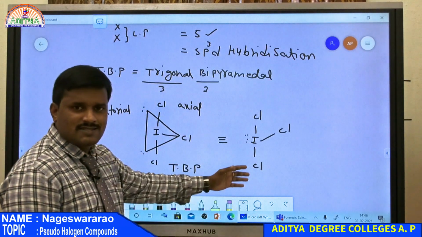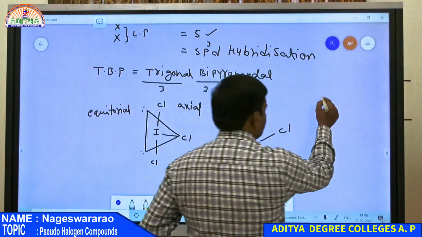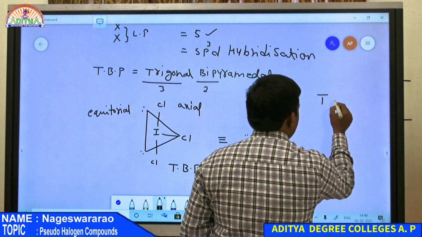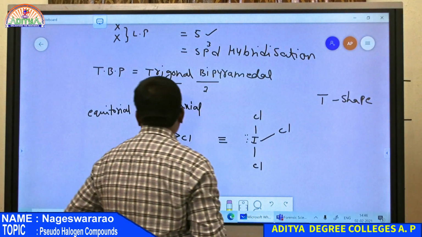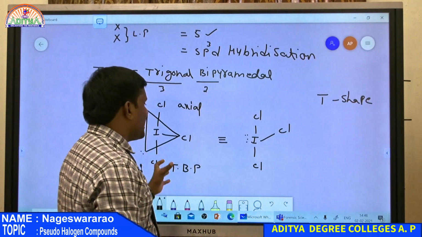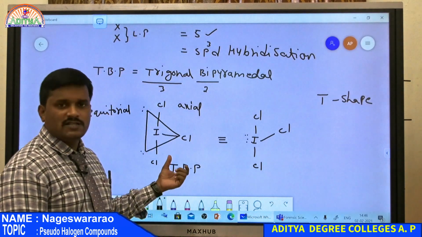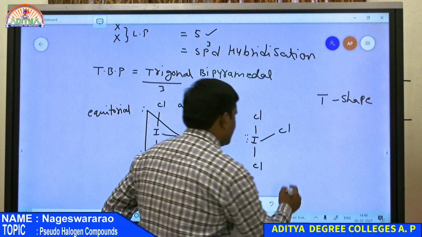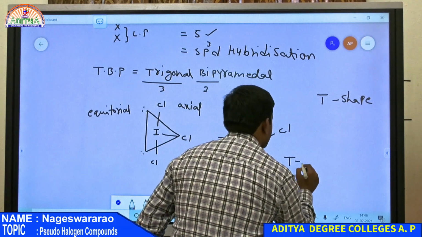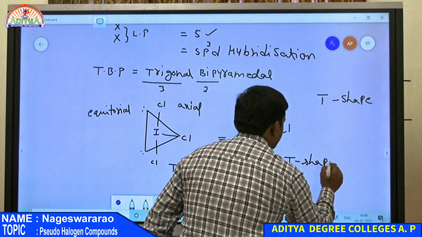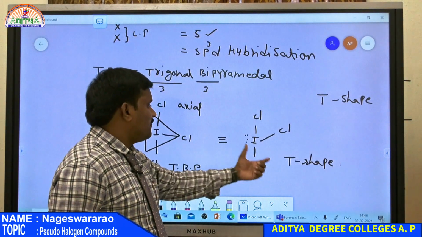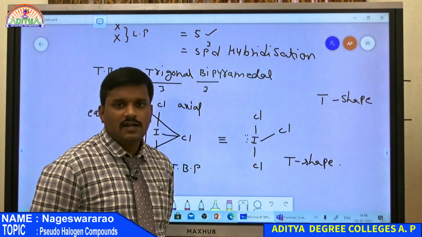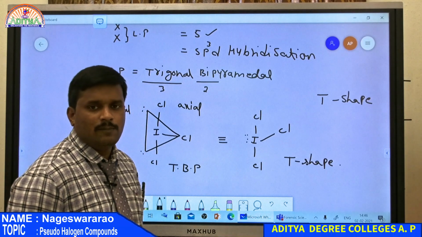So this structure is similar to a T shape, like the letter T. Therefore AX3 type interhalogens have either a TBP structure or simply a T-shape structure. So the structure of AX3 type is T-shape or trigonal bipyramidal.